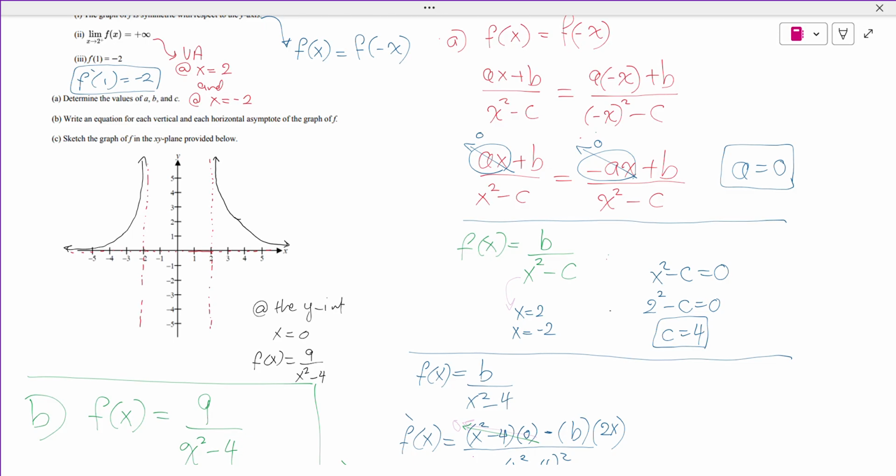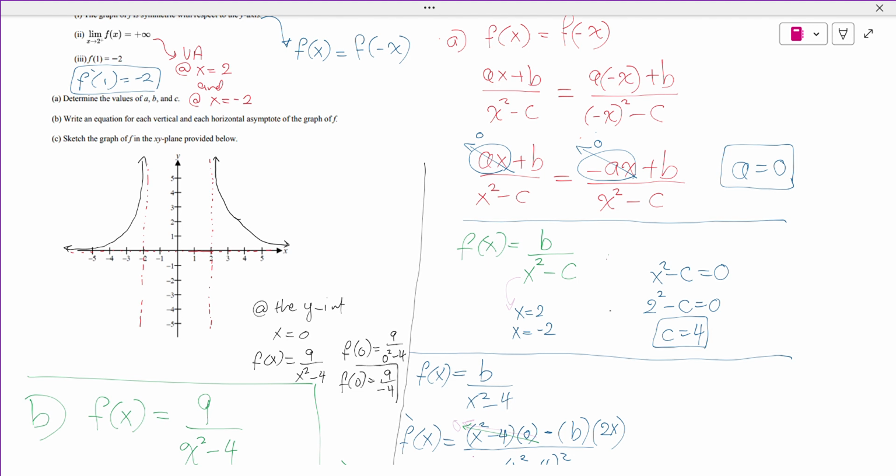What is f of 0? F of 0 will be 9 over 0 squared minus 4. That means f of 0 equals 9 over minus 4.